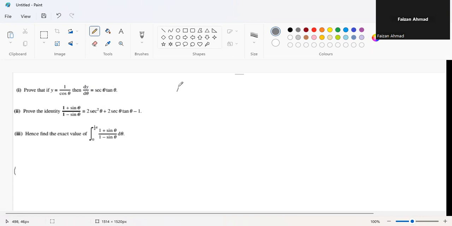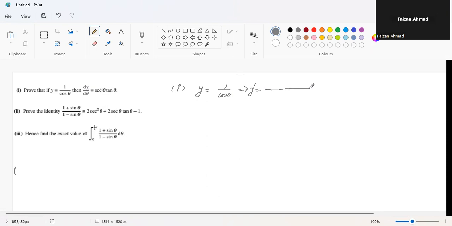The solution of the first part is very simple, and you can use the u by v formula for the derivative. So the derivative will be y prime, meaning the derivative with respect to theta.